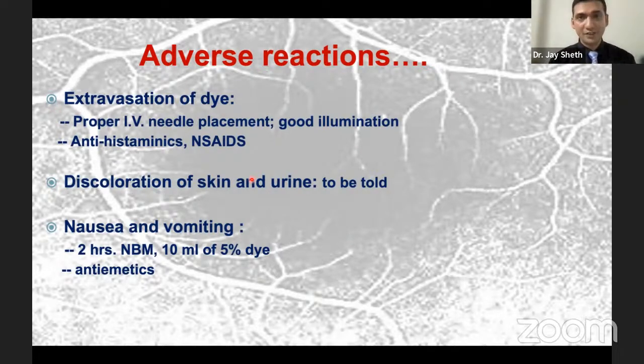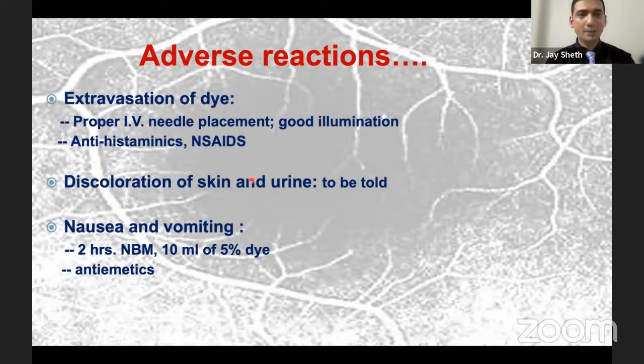If there is no extravasation, then immediately take a photograph of the opposite eye to see whether the circulation has started in the other eye or not. If it has started in the other eye, that means there is a definitive arm to retina delay in the pathological eye. So these are very fine points to note, and it is very important, at least for postgraduates, to be present and do fluorescein angiography to understand these finer nuances.